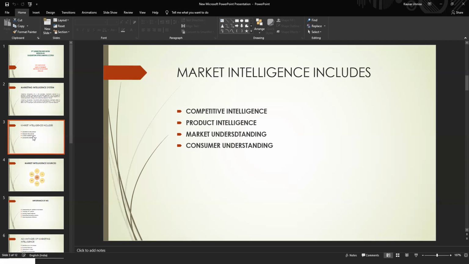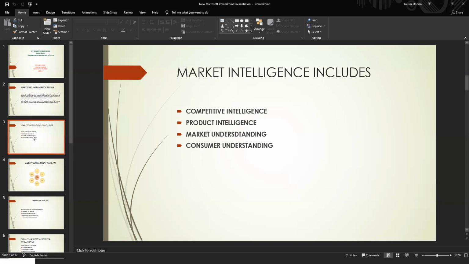And the next one is consumer understanding. This is also a type of market intelligence, which is going to focus on the consumers or the customers, where we have to understand our customers regarding how to market or how to sell our products or services in the existing market.